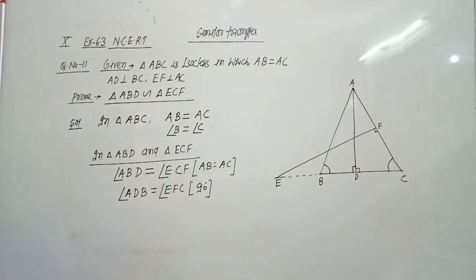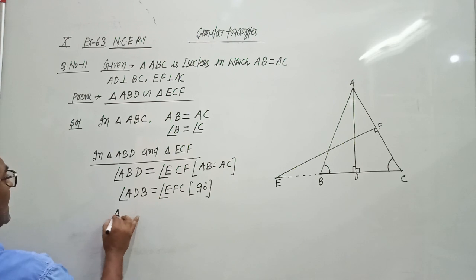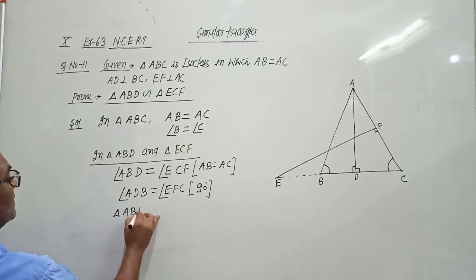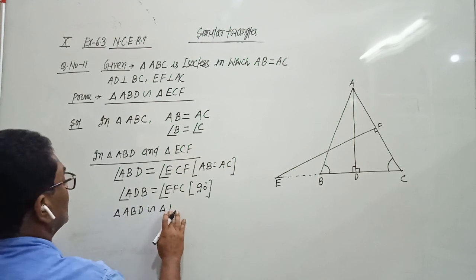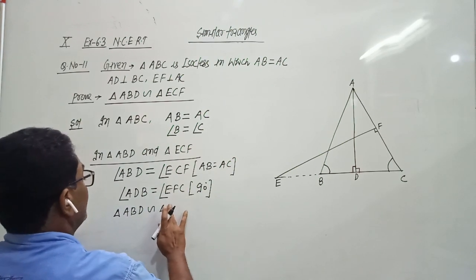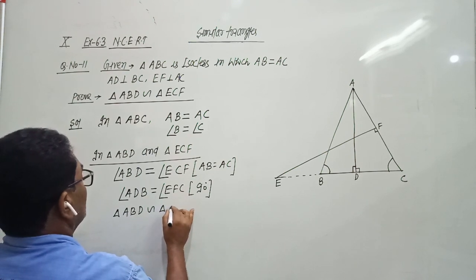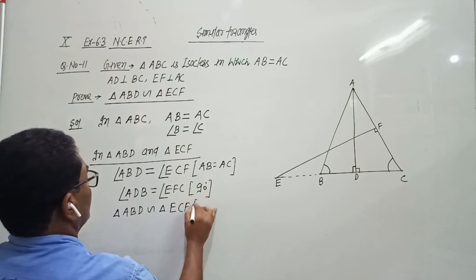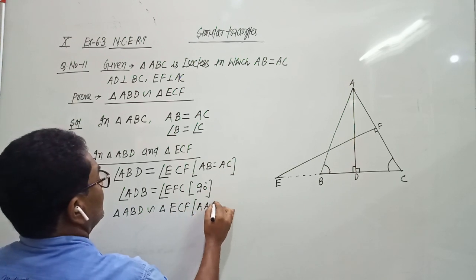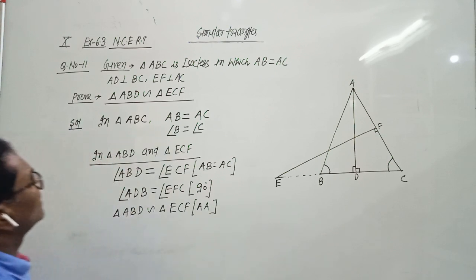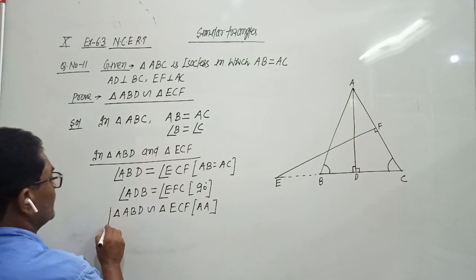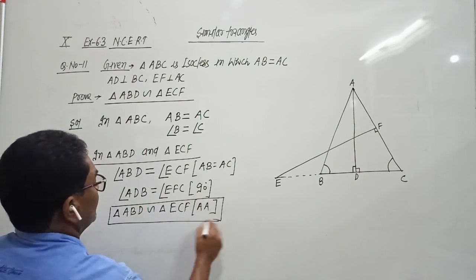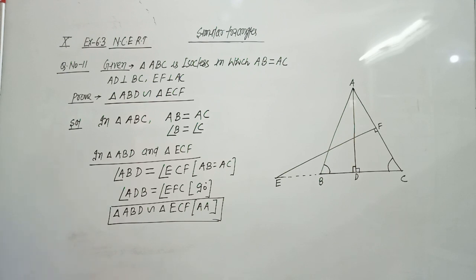So by AA criterion, triangle ABD is similar to triangle ECF by AA similarity criterion. And this we had to prove.